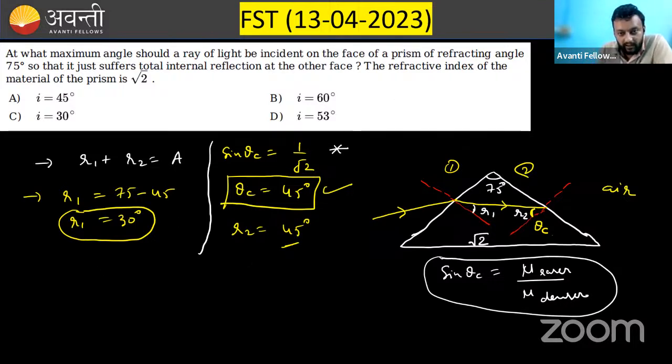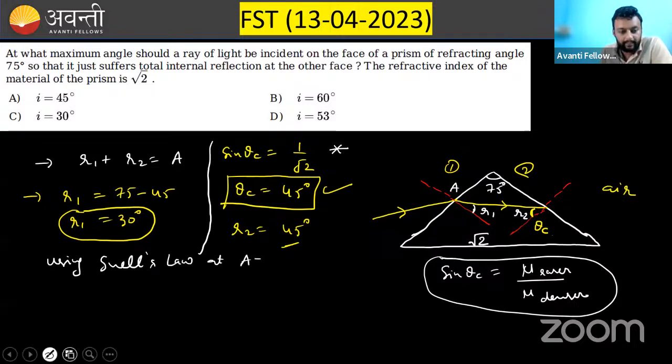Okay, now moving further. Now apply Snell's law. Let this be point A. So using Snell's law at point A, you can see, what is Snell's law? Refractive index, this is 1.